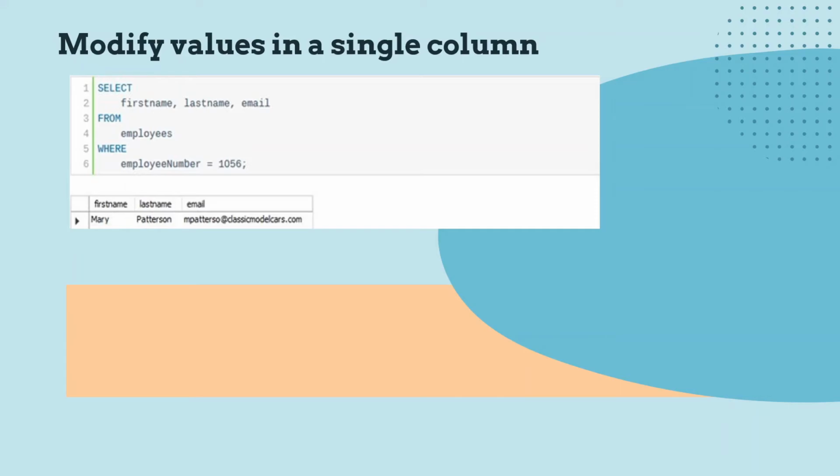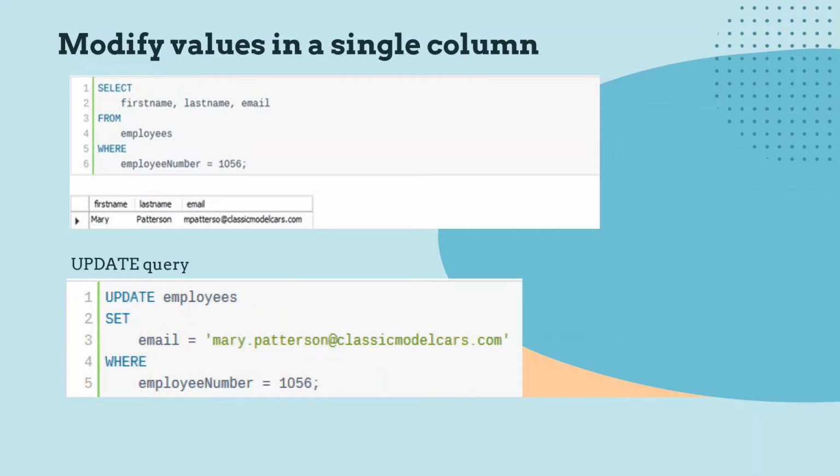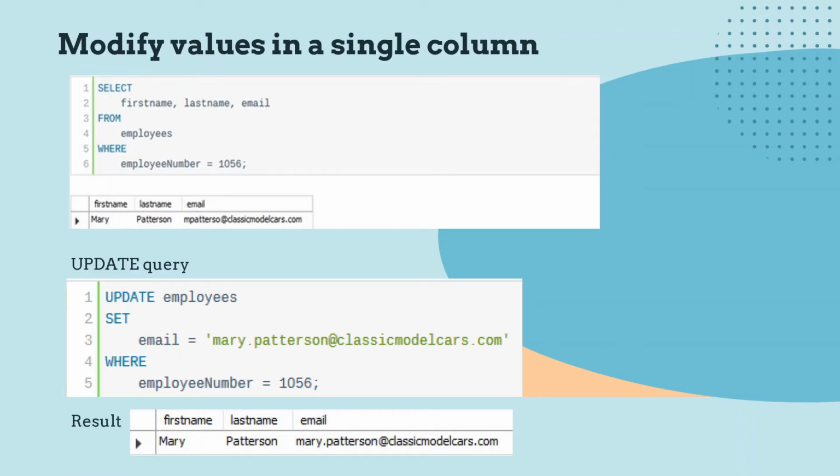So we will get the result of first name, last name, and email of Mary Patterson. Then we use the update statement as shown in this picture to update the email of Mary Patterson to the new email mary.patterson@classicmodelcars.com. After we execute the update statement, we can use the select statement again to verify the change, and we will get the result as follows. So the email is updated to the new email.